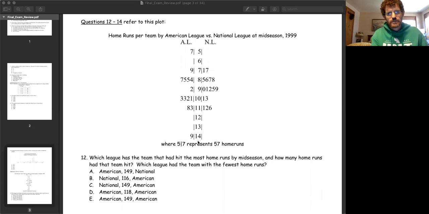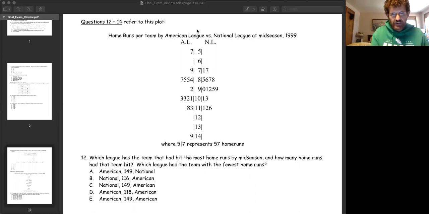So remember that the stem is right here, right in the middle. And so a 5-7 represents 57 home runs. The stem comes all the way up to 140. So the question is, which league had the team that hit the most home runs by midseason, and which league had the team with the fewest home runs?